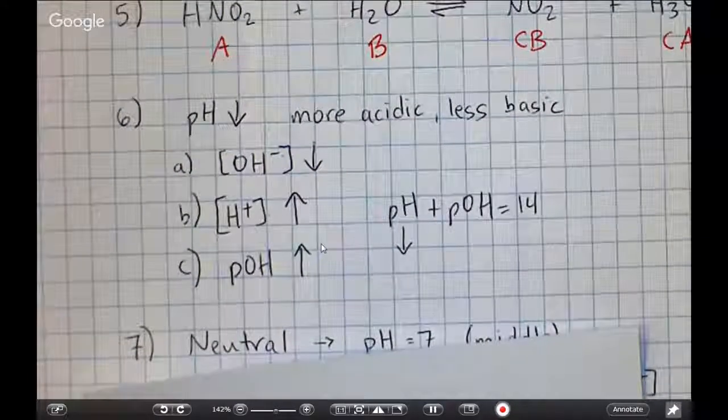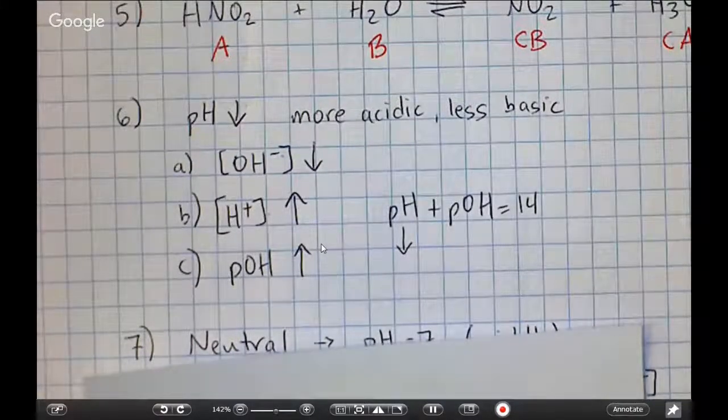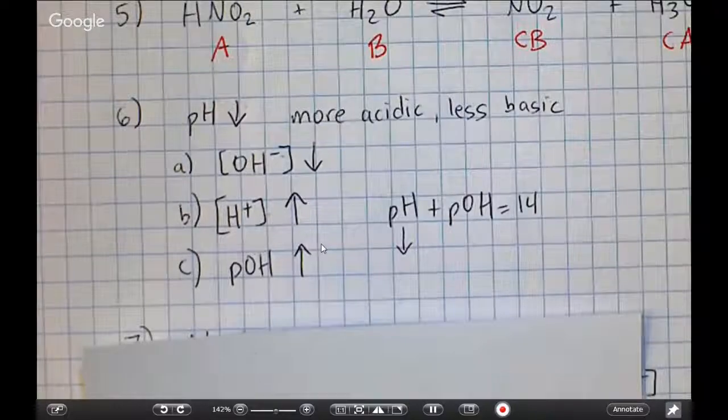In number 7, a neutral substance is equally acidic and basic. What does this mean? Yes, a neutral substance is equally acidic and basic. That's 7. What's at 7? Both the pH and the pOH. So pH is 7, pOH is 7.